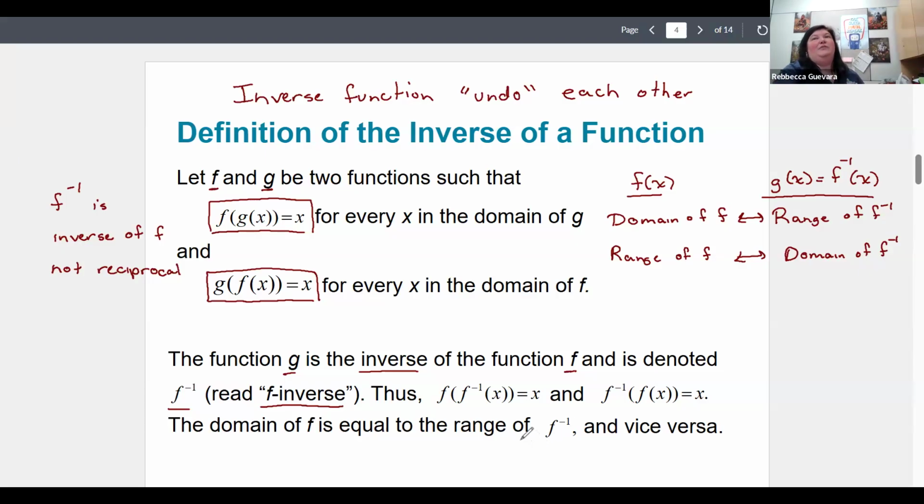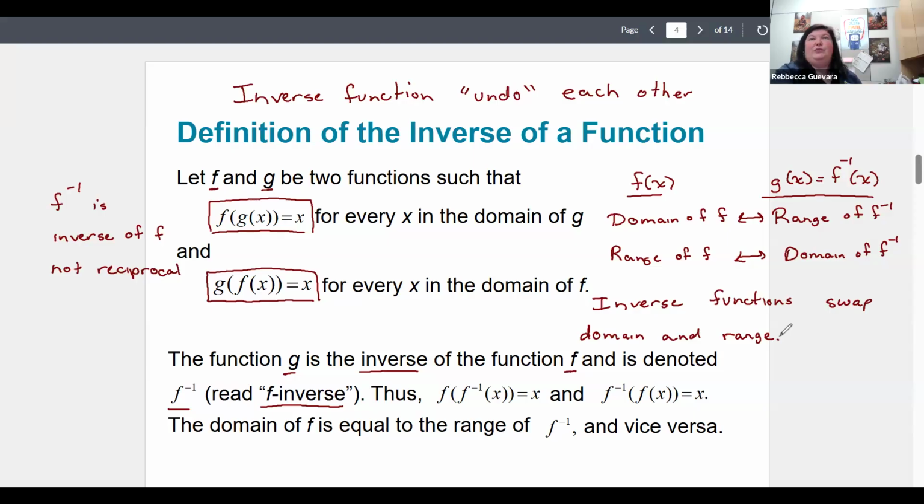So this is a property of inverse functions, that what they're doing is they're swapping their domain and range. So inverse functions swap domain and range. So we're going to go back over that a little bit more.